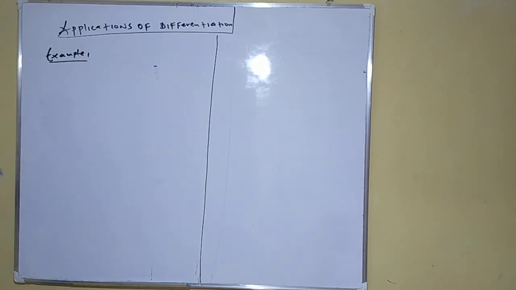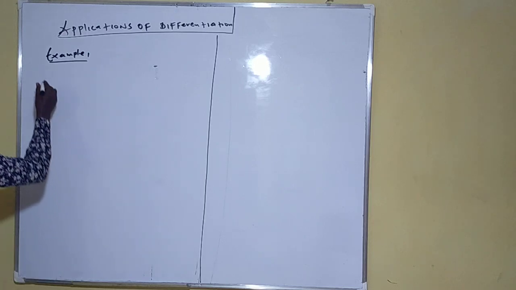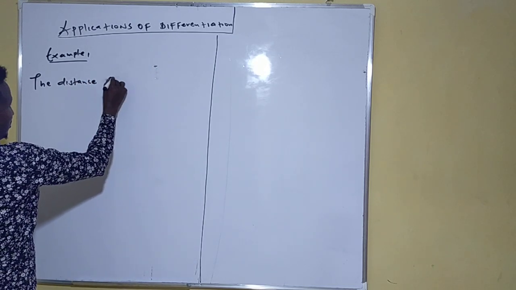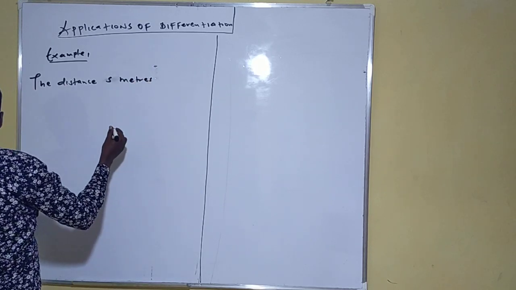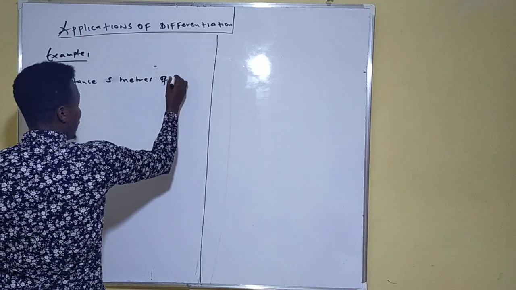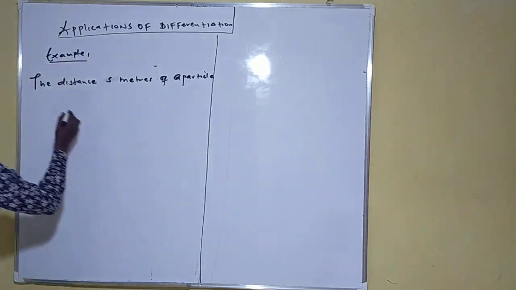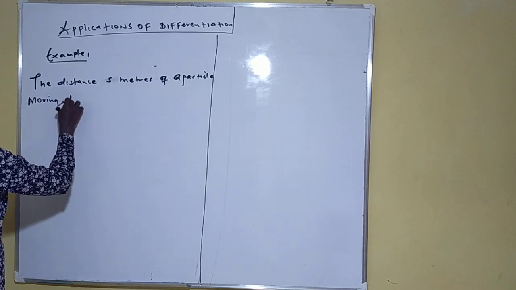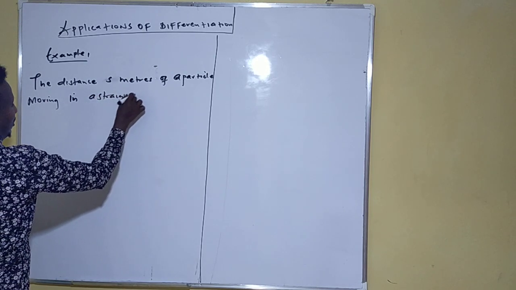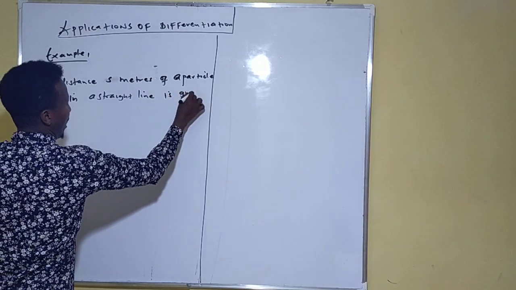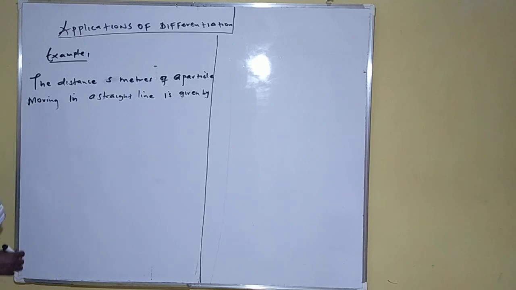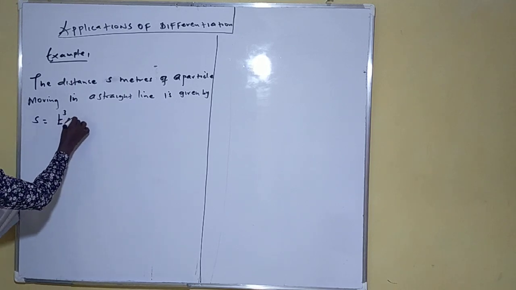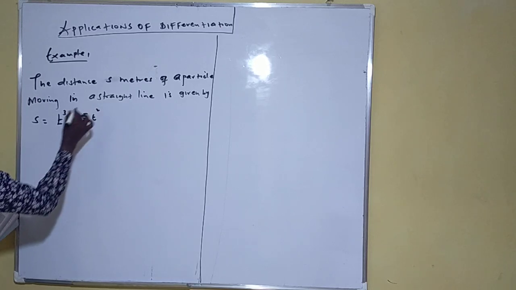This will be our example 1. Look here. You are told the distance S meters of a particle moving in a straight line is given by S is equal to t^3 minus 5/2 t^2 plus 2t. Remember this is squared.